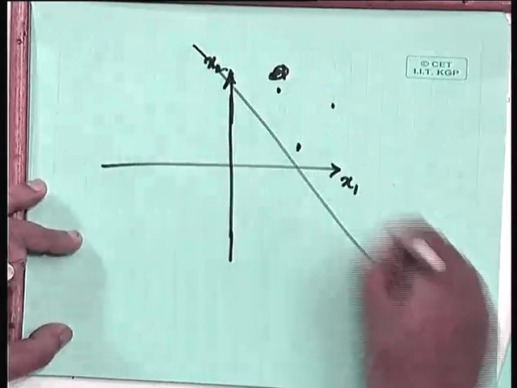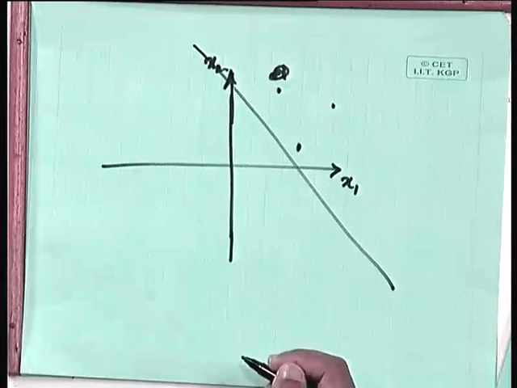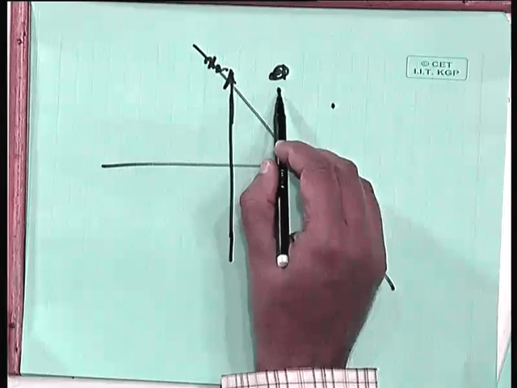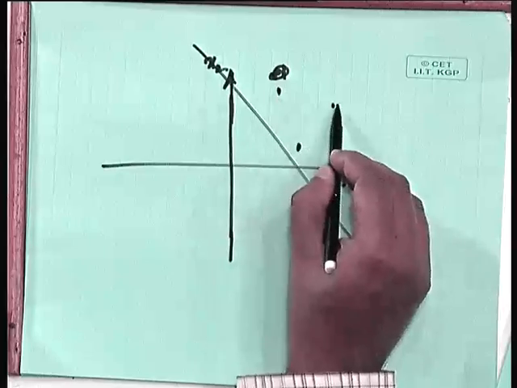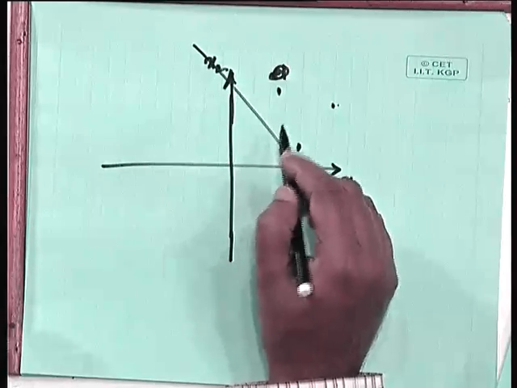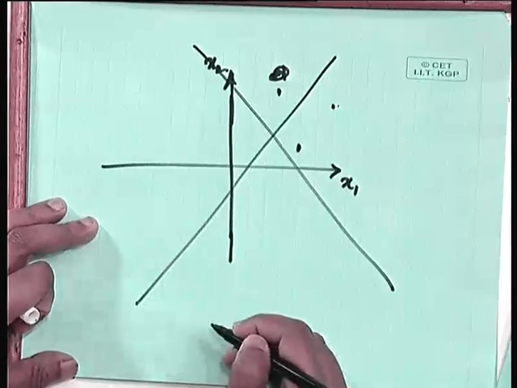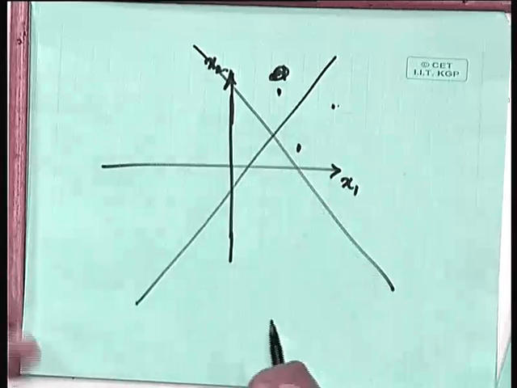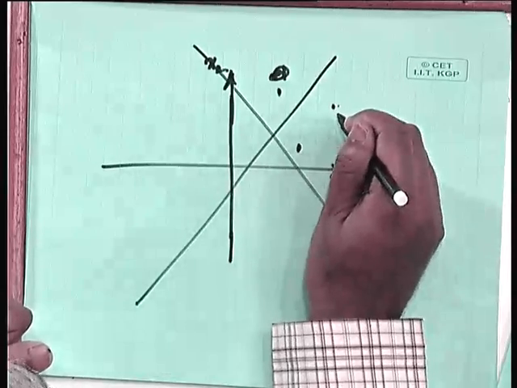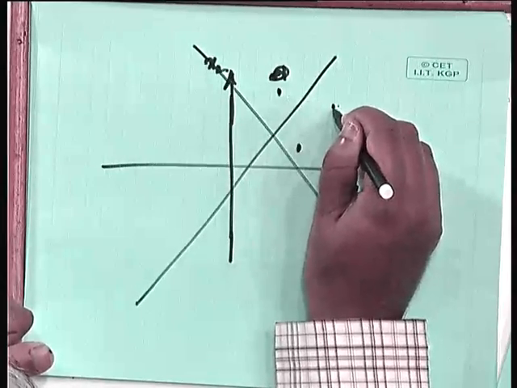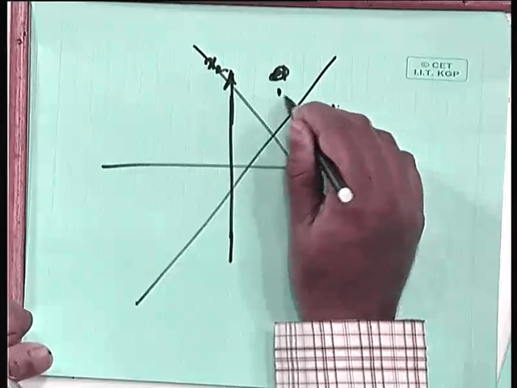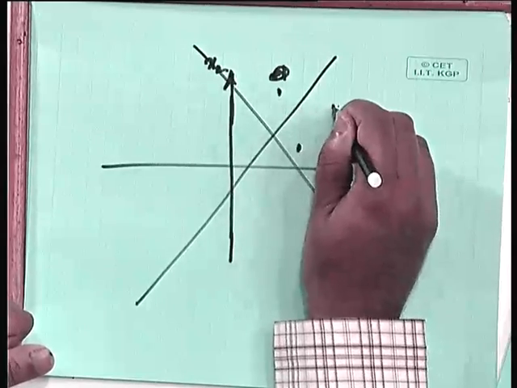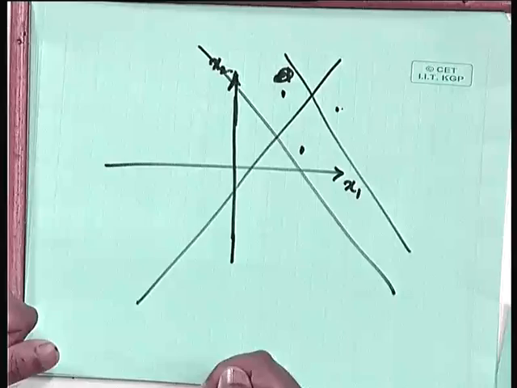In this case, I take a line like this, it is possible. Now, I take this as plus 1 and these 2 as minus 1. I pass a straight line like this, it shatters. Now, I take 2 of these as minus 1 and this as plus 1, I can have that. So, can these 3 points be completely shattered?